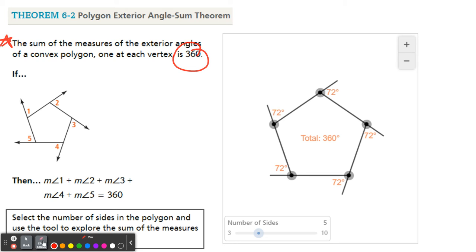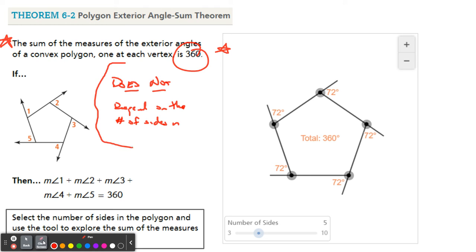No n value, it has nothing to do with the number of sides. It does not depend on the number of sides n. Very important. It's just the number. That's the word depend, by the way.